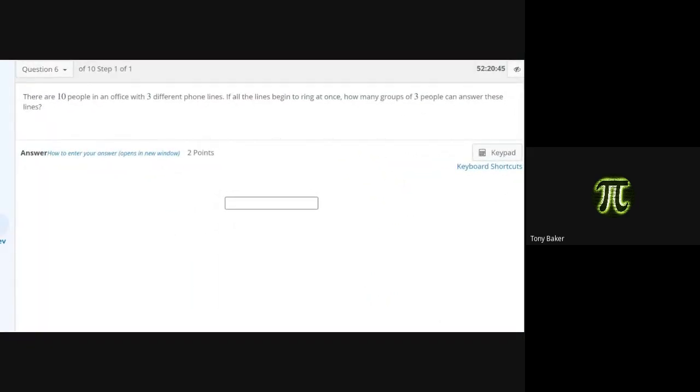All right, there's 10 people in an office with 3 different phone lines. If all the lines begin to ring at once, how many groups of 3 people can answer these lines? I skipped question 5 because it's literally the same as one of the other questions. So there was no point in me doing it.